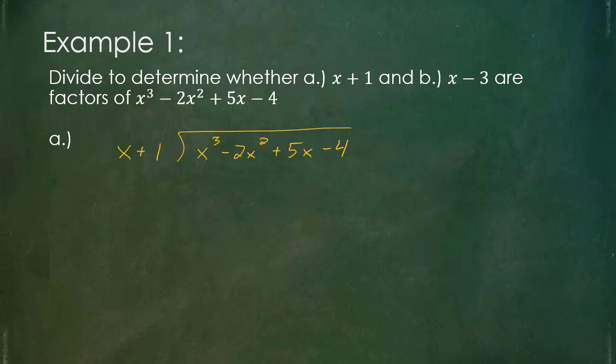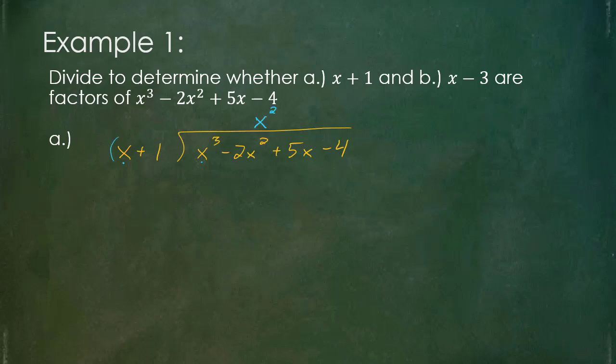How long division really works is I want to take whatever is in front on the outside and think in terms of what I could multiply it by. In this case it would be the x. What could I multiply that by such that it would match the first term on the inside? In this scenario it would be x cubed. If I multiplied x by x squared, that would give me x cubed, so that is the term I would write in the numerator.